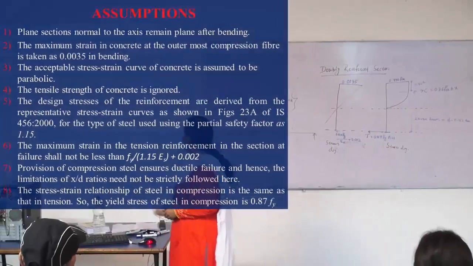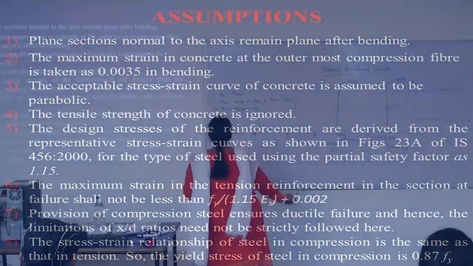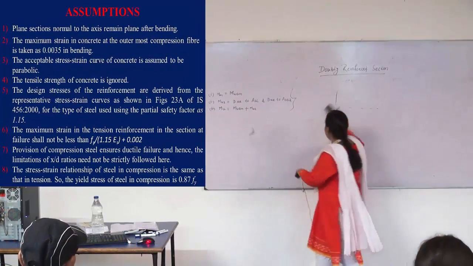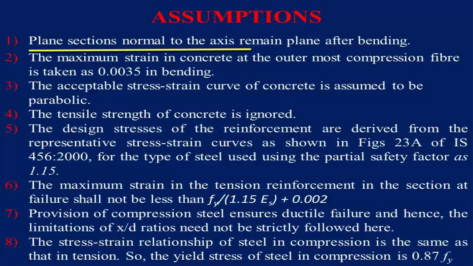Now the assumptions. Now I am going to the most important thing, that is assumption. Open your code book, page number 69. What is on your page number 69? The first assumption is that plane sections normal to the axis remain plane after bending.